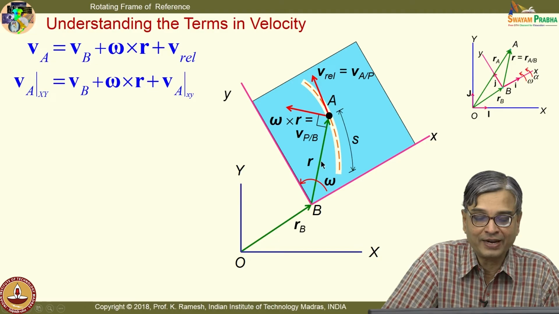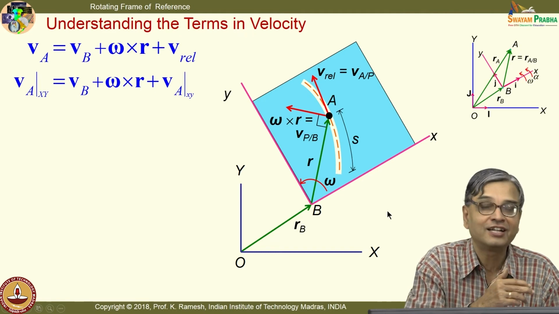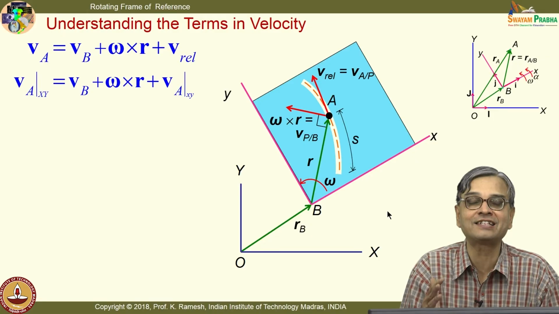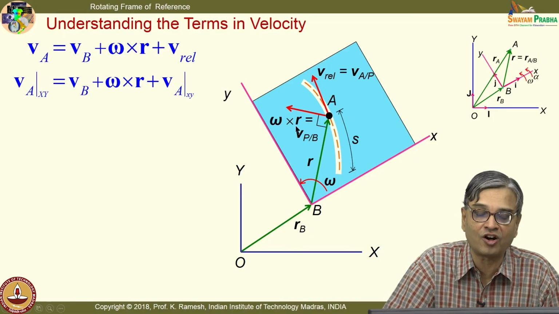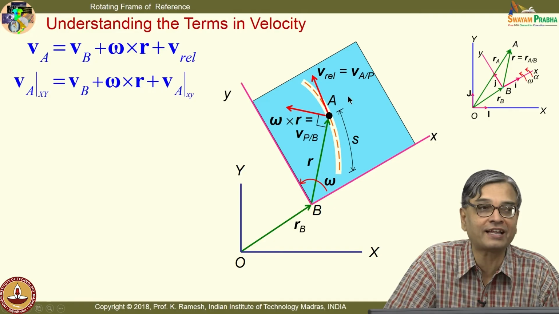So, whenever it is convenient, you consider the axis x, y as a rotating axis. Whenever it is convenient, you see that as a non-rotating translating axis. Understand the term omega cross r from a non-rotating translating axis, measure the term vrel from a rotating axis.